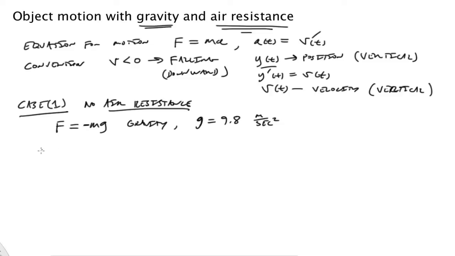So that's true, and then the differential equation that results is m v prime equals negative mg, and we can redefine this and put it in terms of the acceleration only, as v prime equals negative g.